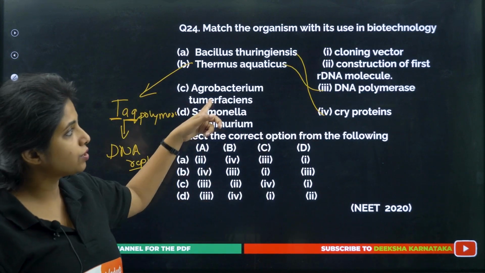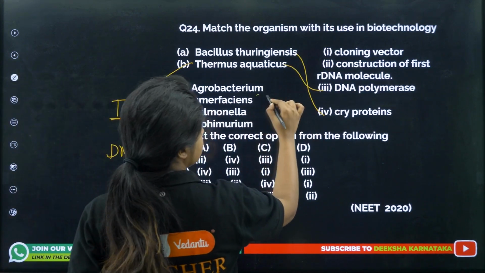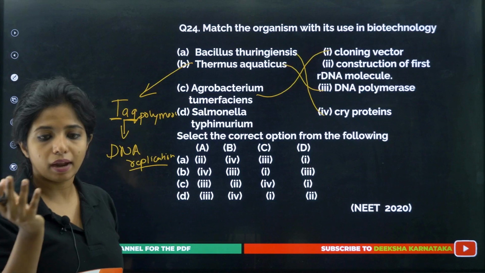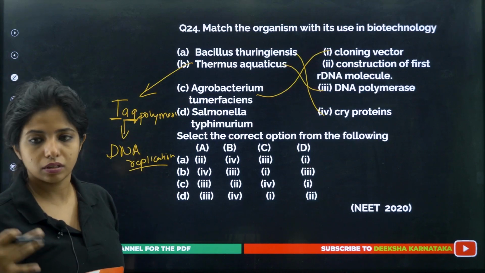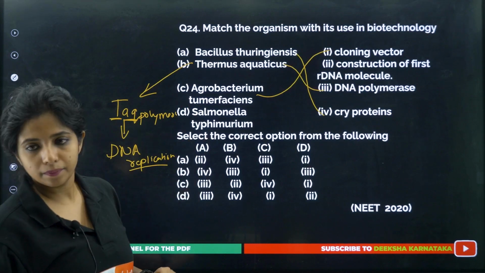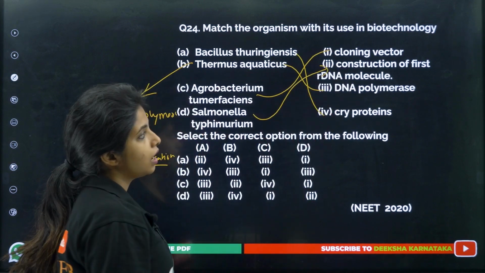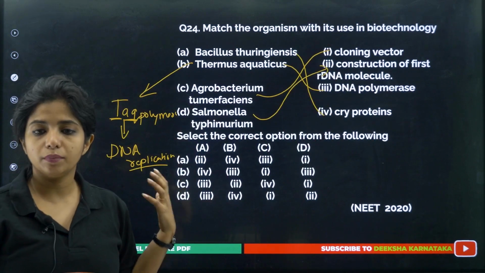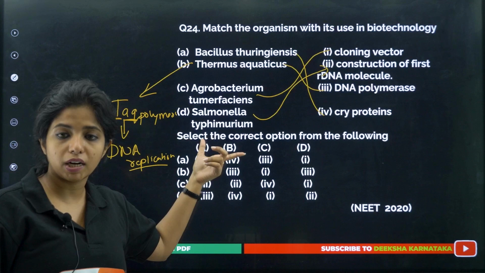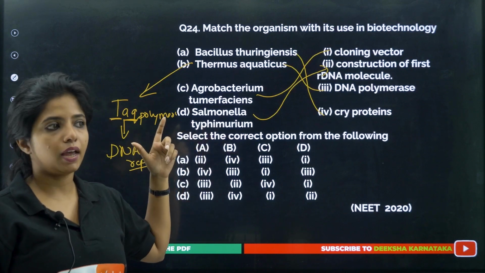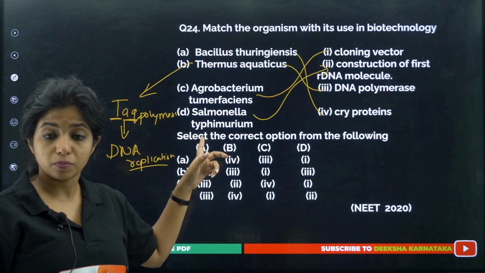Now, Agrobacterium tumefaciens, children, is a cloning vector. I am putting my gene of interest and making it use things like that. Salmonella typhimurium: the construction of the first rDNA, that is recombinant DNA molecule, was made possible because of Salmonella typhimurium. Stanley Cohen and Herbert Boyer were responsible for this.